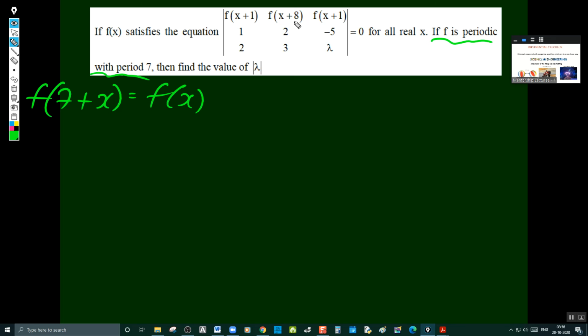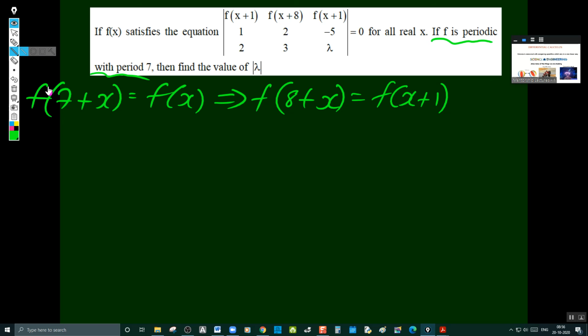But it is given in terms of x plus 1, x plus 8, hence replace x with x plus 1. If you replace x with x plus 1, you will get f of 8 plus x equal to f of x plus 1. So wherever you have f of 8 plus x, that can be replaced with f of x plus 1.